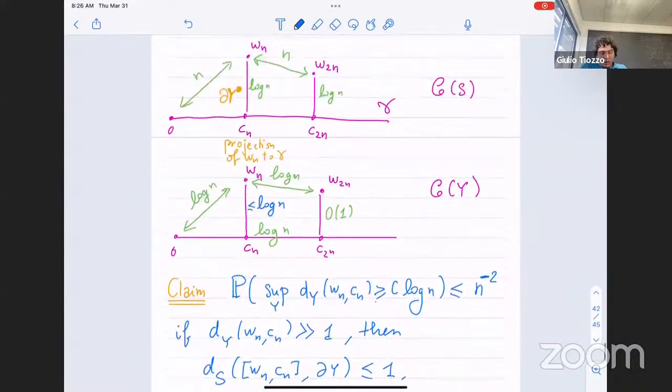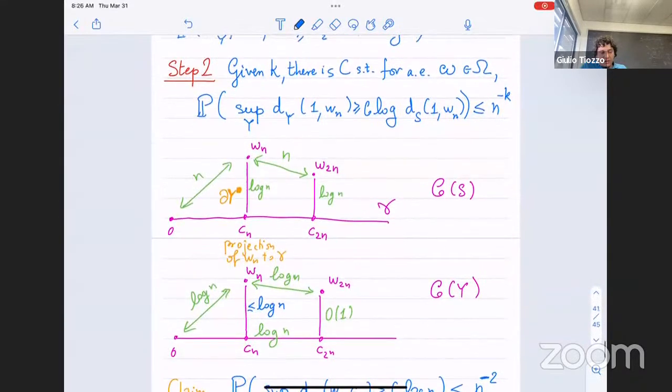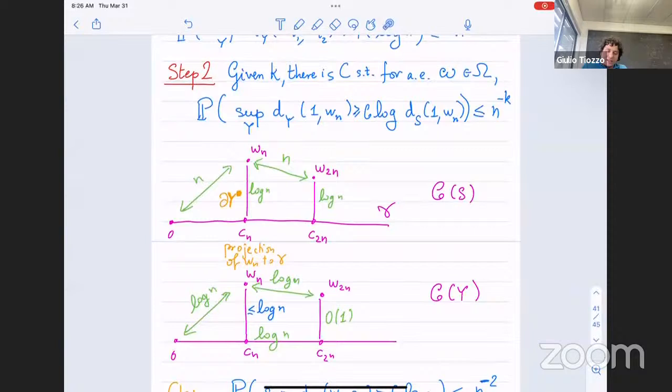Okay, so now let's go to this other claim, which is a consequence of this. Look at the distance you make in Y from 1 to Wn.